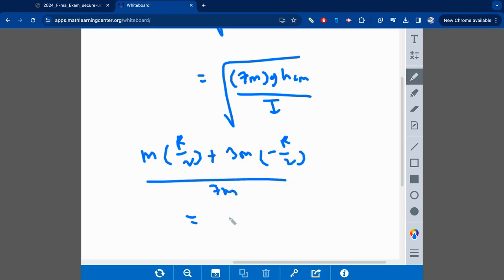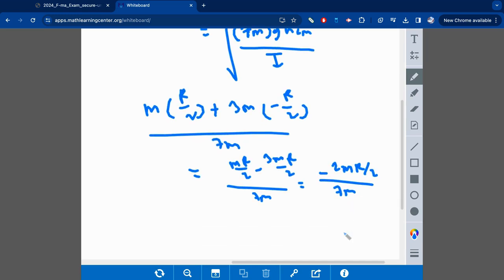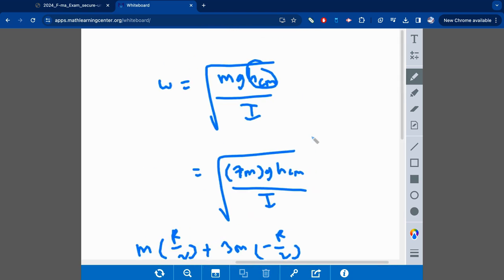That gives us mr over 2 minus 3mr over 2 over 7m, which is negative 2mr over 2 over 7m, which is just negative r over 7. Okay, so that's the location of the center of mass, and that's how far away the center of mass is from this axis. So r over 7.